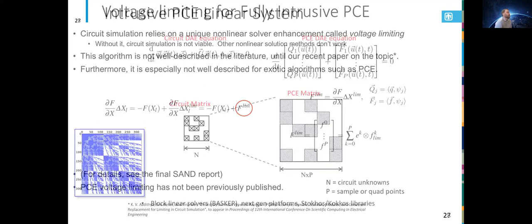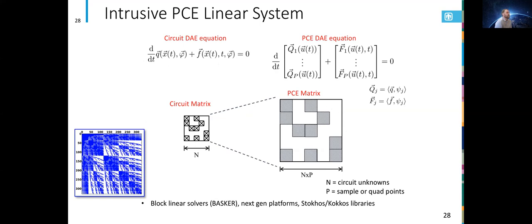So for the fully intrusive PCE system that you get, there's kind of two ways you can do it. One way is this: if you start with your original circuit matrix structure, then each node of that circuit can be exploded into a block which contains all of the PCE terms.